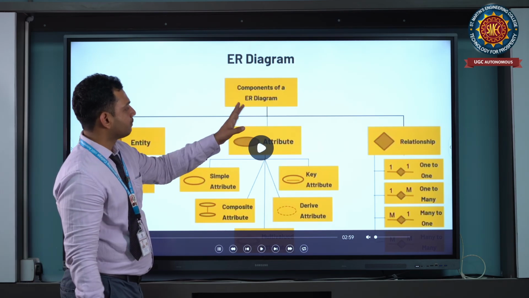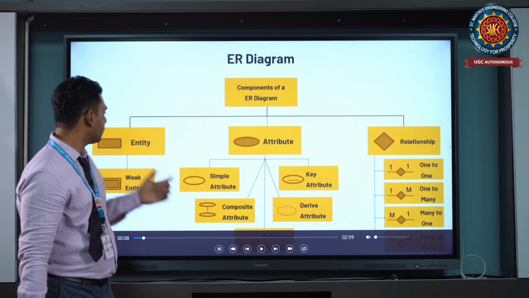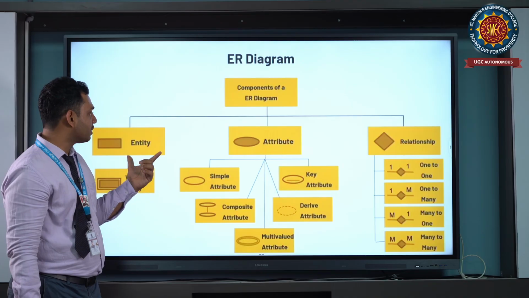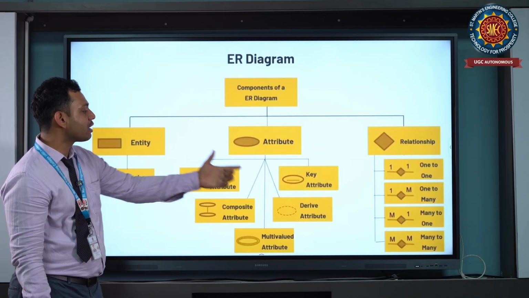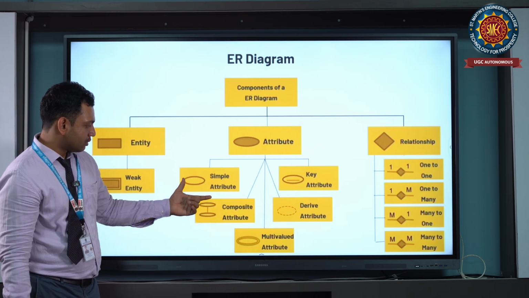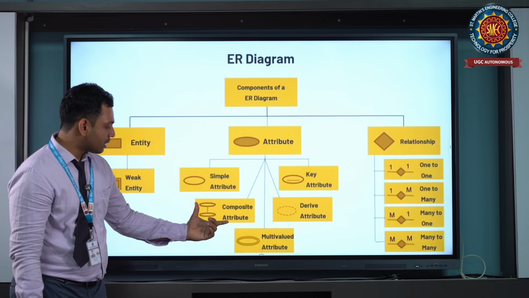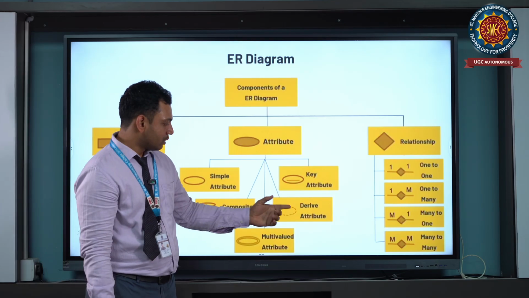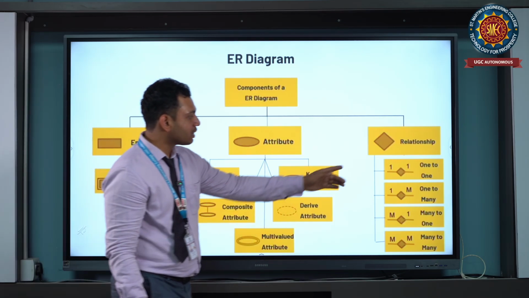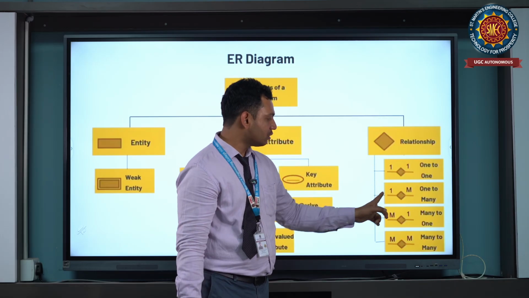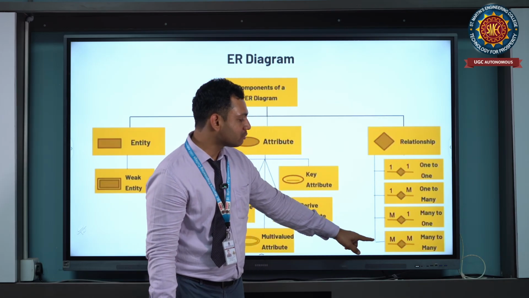They are specifying what components exist in the ER diagram: entity, with strong entity and weak entity. Attributes: single strong attribute, multi-valued attribute, and derived attribute, and we can say weak attribute. And then relationships: one to one relation, one to many relation, many to one relation, many to many relation.